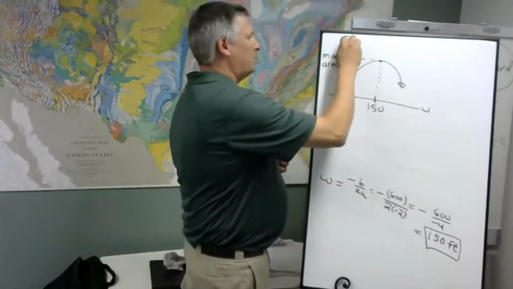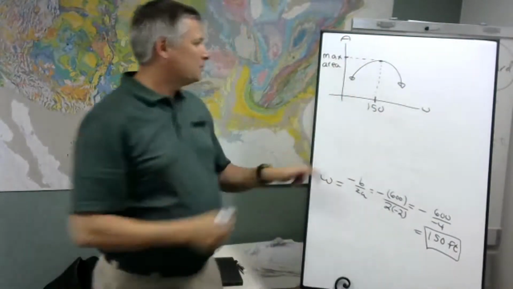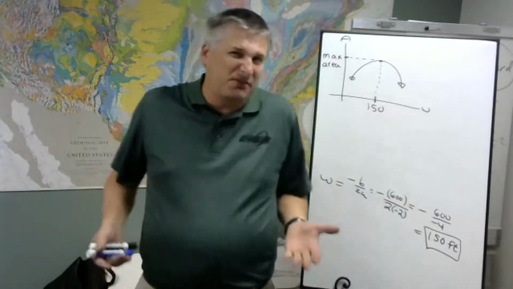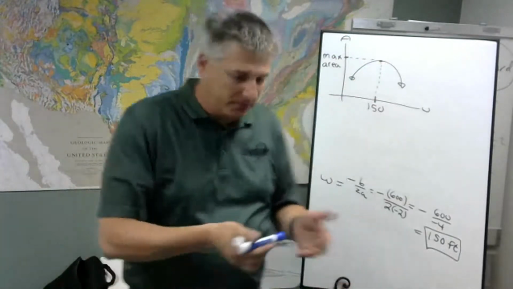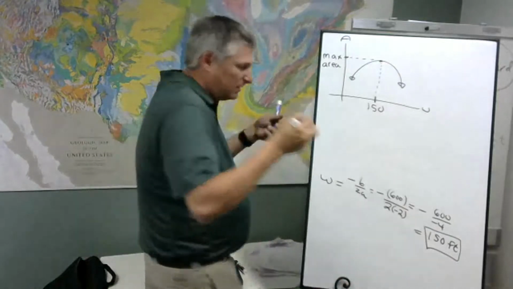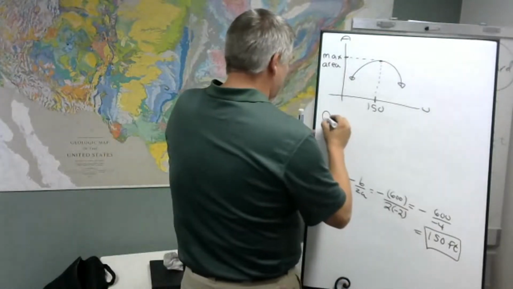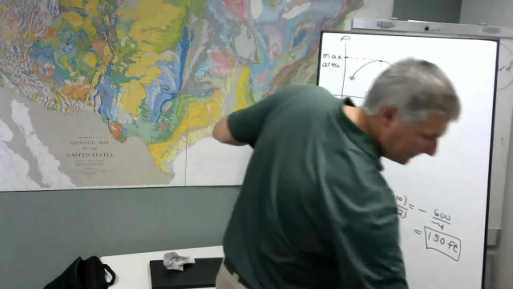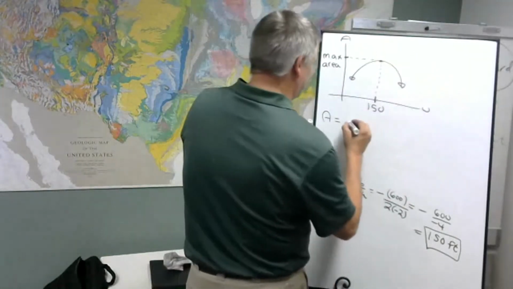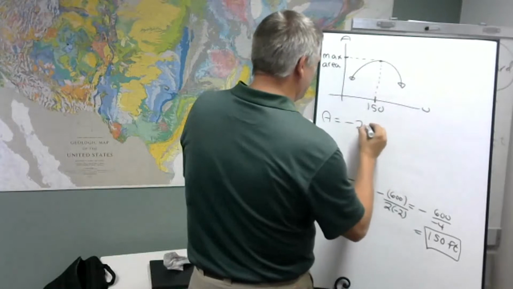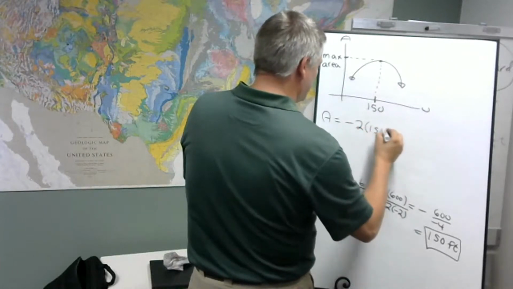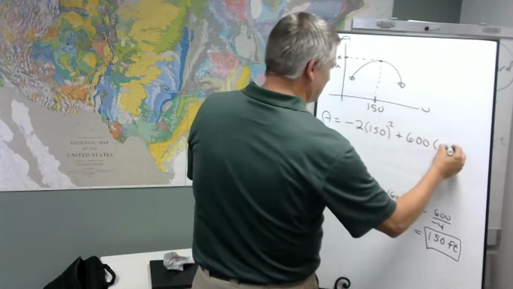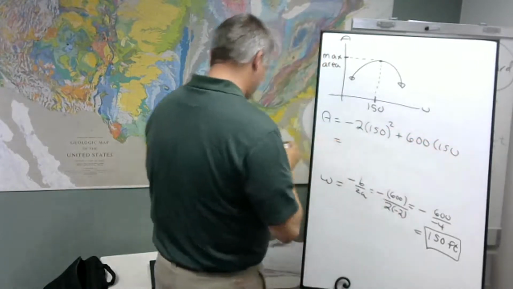So what we've got here is we know the w coordinate that gives us the largest area. Now, just to figure it out, I'm just curious, what's the largest area? We're not asked to find this, but let's see. So it would be A is, let's see here, -2 times 150 squared, plus 600 times 150.